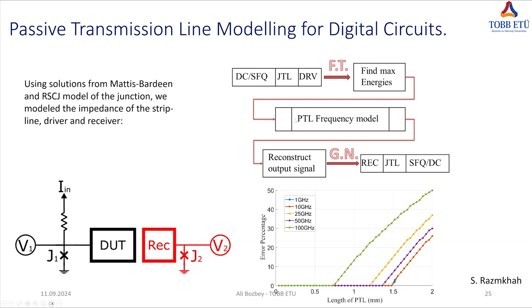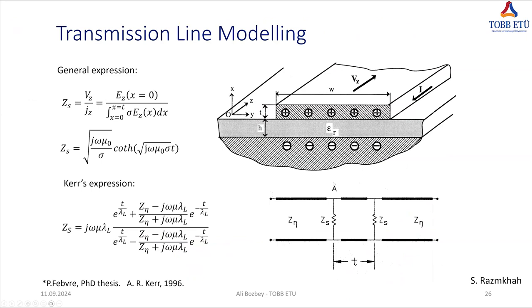These are normally short, and they don't have to be matched to 50 ohm, but mainly matched to 2 or 3 ohms, just to transfer the superconducting pulses between two circuits. In this case, the error rate is important, so another circuit model can estimate the error rate versus frequency and the length of the passive transmission line. And these models are conventional passive transmission line models.